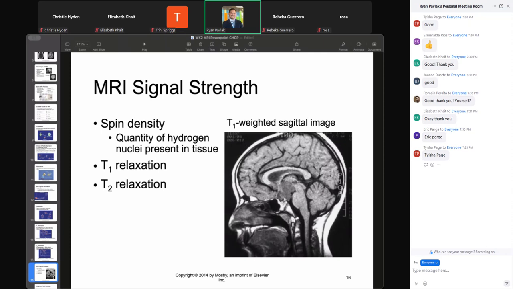And these different types of sequences are going to produce different information for the physicians to look at. So a T1 weighted image is typically an anatomy image. You're going to get very fine detail differentiating between the different structures. A T2 weighted image is going to look at pathology. And then, like I said, you've got different types of gradient echoes, you've got STIRs, you've got BOLD imaging. Every single day it seems like they're coming out with a new technique that can show something different.